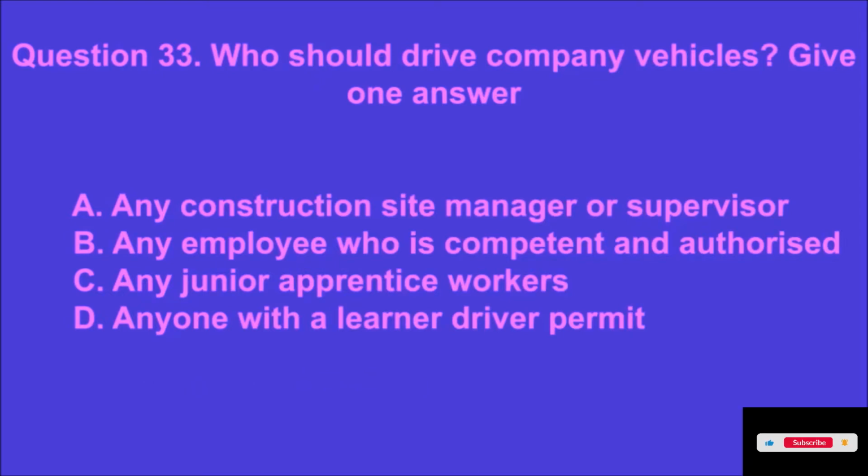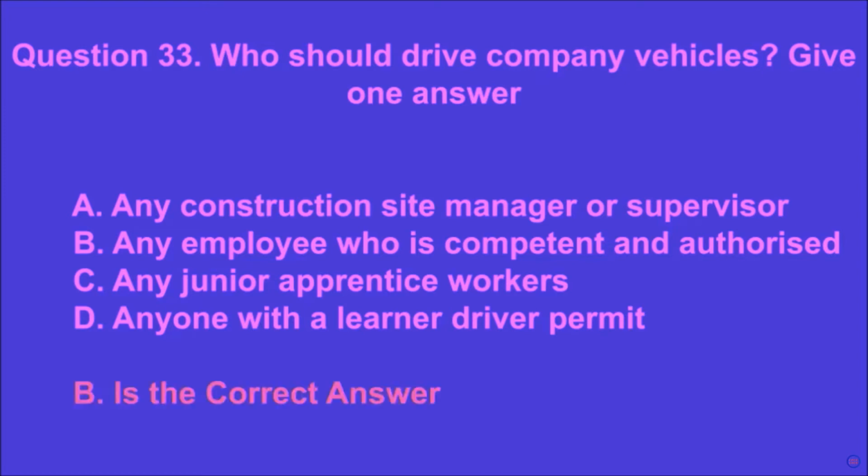Who should drive company vehicles? Give one answer. A. Any construction site manager or supervisor. B. Any employee who is competent and authorized. C. Any junior apprentice workers. D. Anyone with a learner driver permit. B. Is the correct answer.